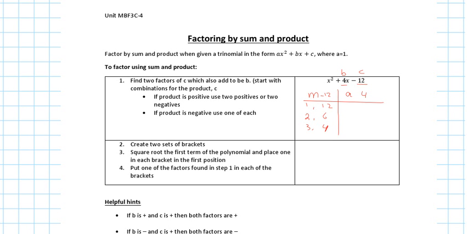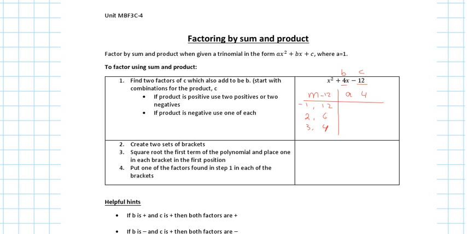If B is positive and C is negative, my large number has to be positive and my small number has to be negative. Which should make sense. If my large number is positive, I'm going to end up with a positive integer.